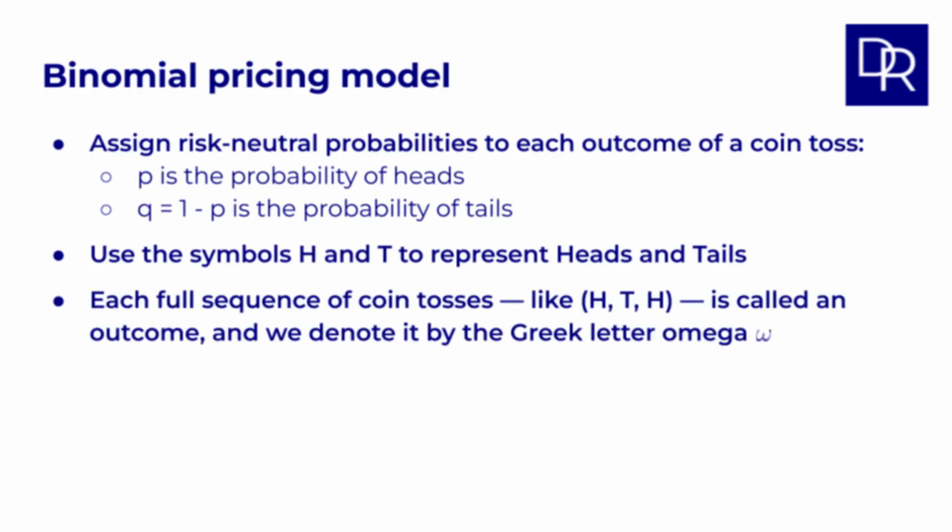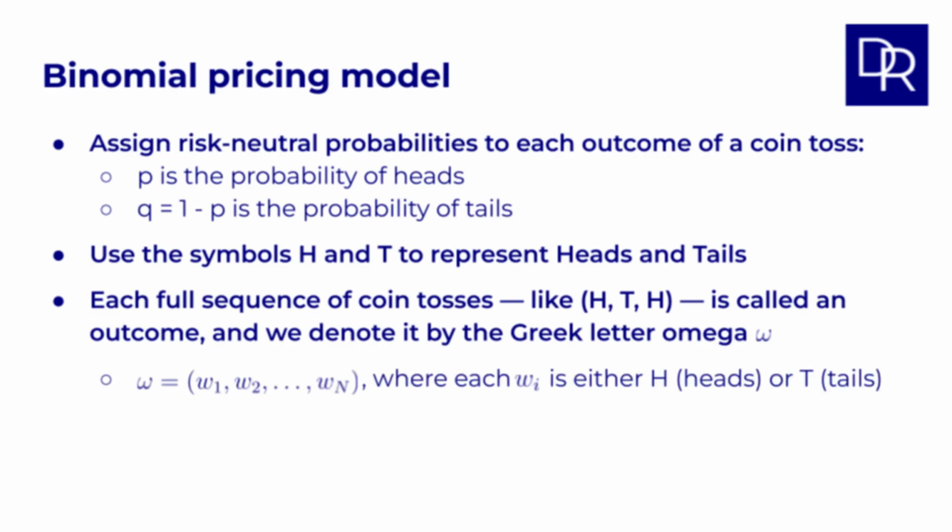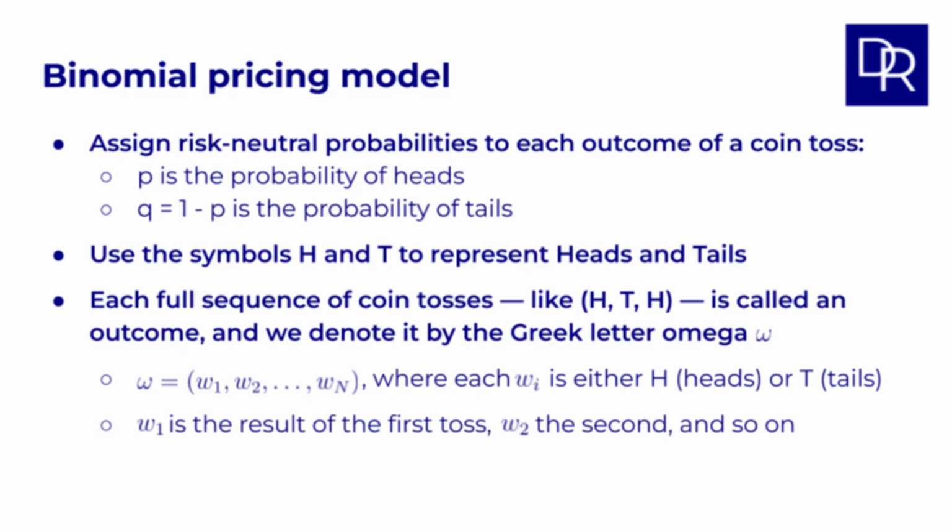Each full sequence of coin tosses, like heads, tails, heads, is called an outcome, and we denote it by the Greek letter omega. We write omega equals W1, W2 to Wn, where each Wi is either H for heads or T for tails. So W1 is the result of the first toss, W2 the second, and so on.